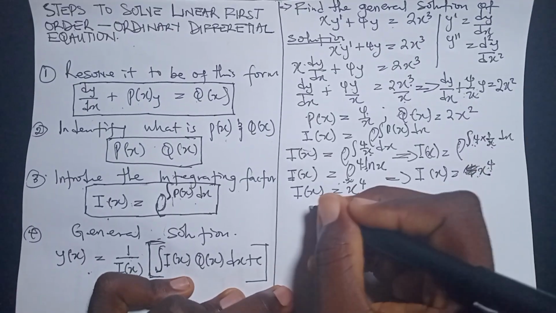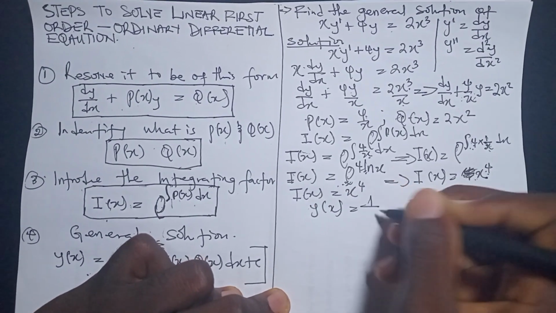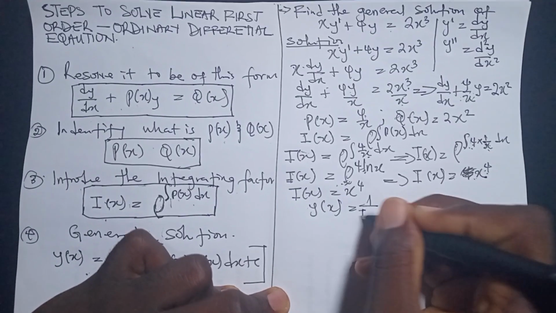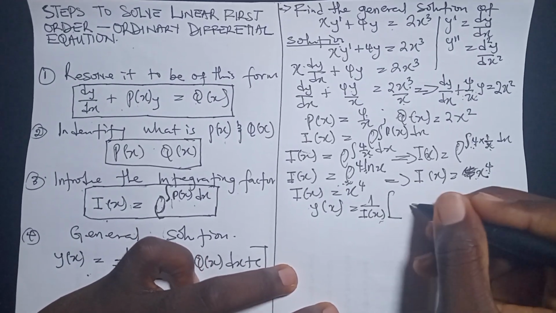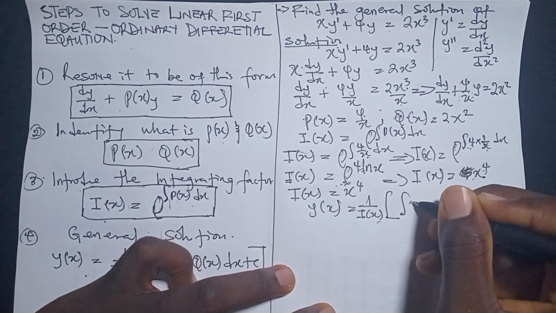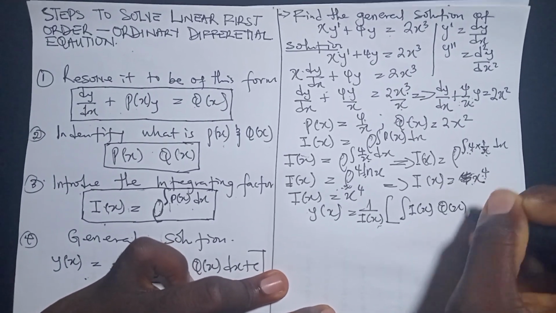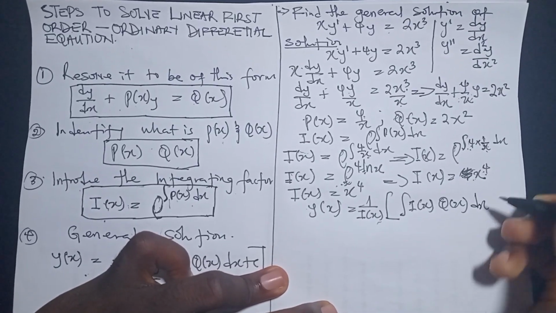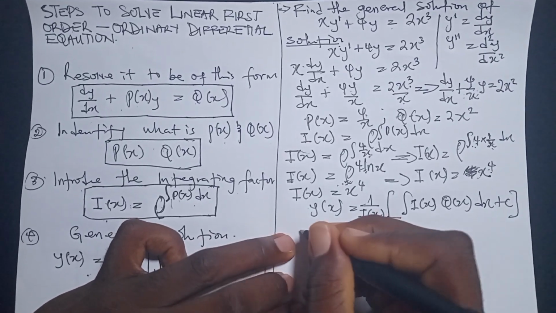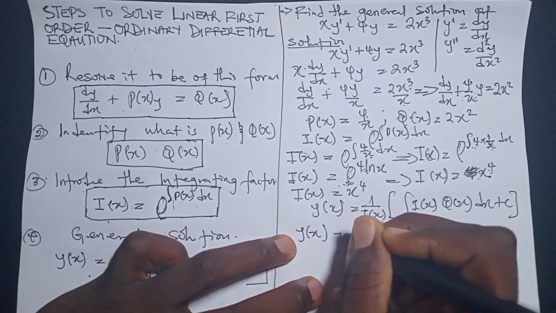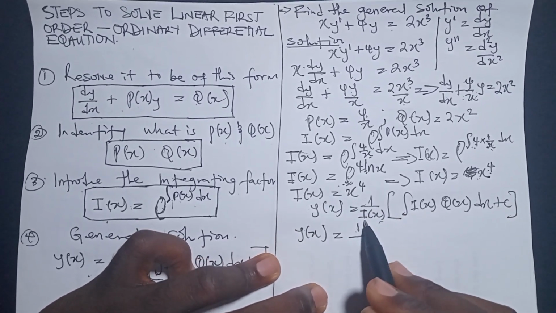Is that y of x is equal to 1 over I of x times integral of I of x q of x dx plus c. So now y of x is equal to 1 over, what is the value for I of x?